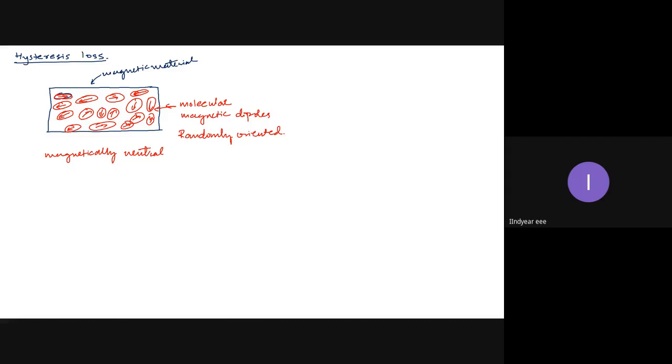So now I will magnetize this material by subjecting it to a magnetic field. How can I do that?